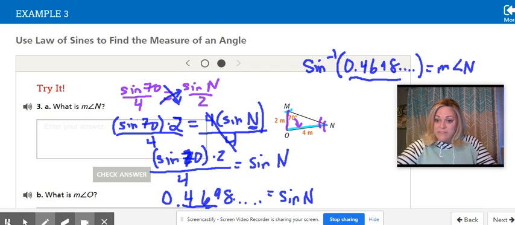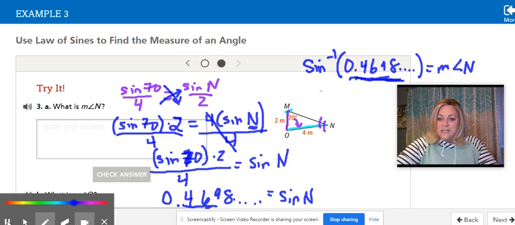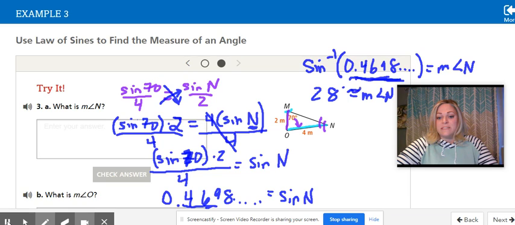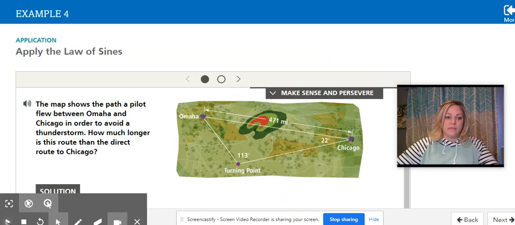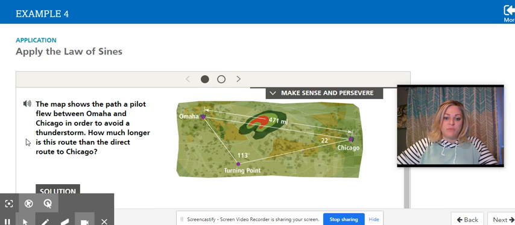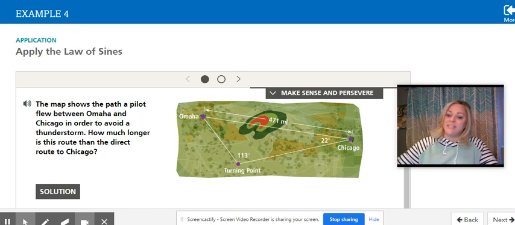That means your previous answer. So if I do that and push equals, that means you don't have to retype all of this business. So I get an answer of measurement of angle N equals roughly 28 degrees. And again, they round to the nearest degrees, but it is approximate. So 28 degrees.